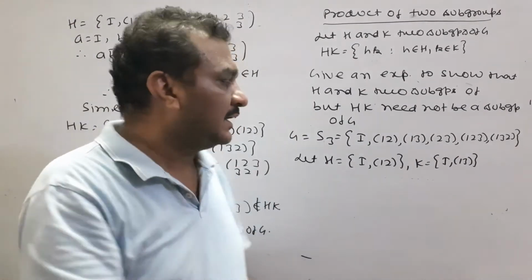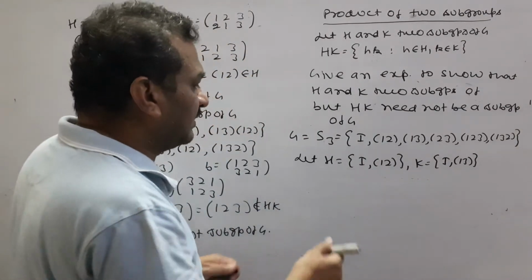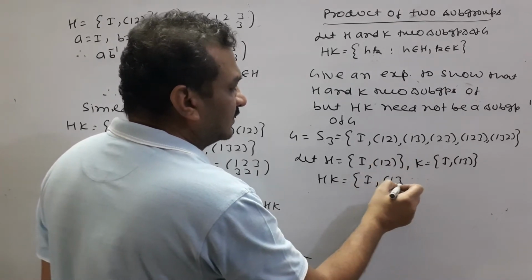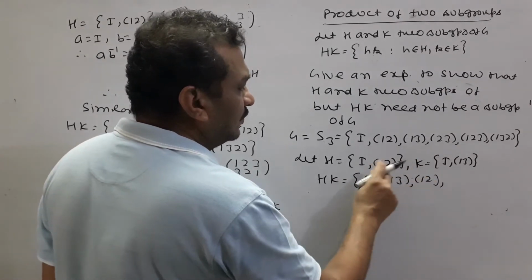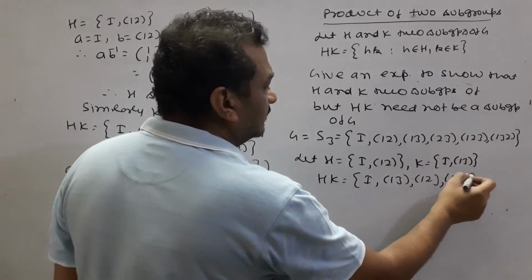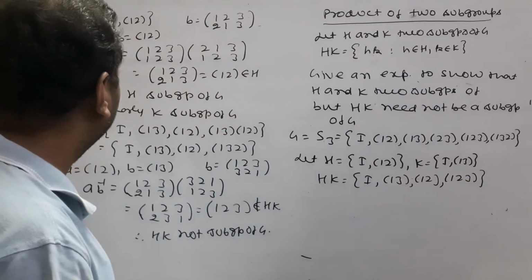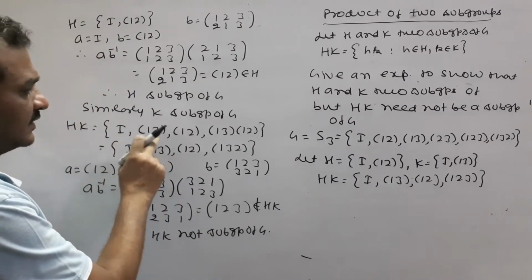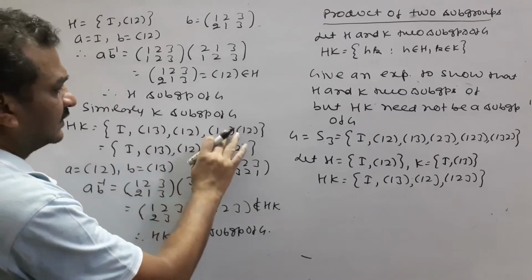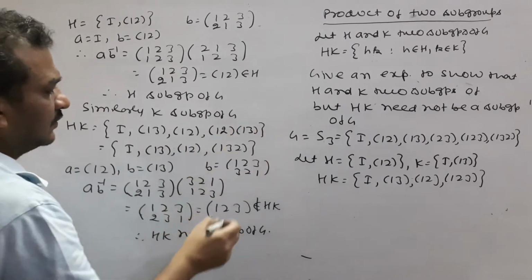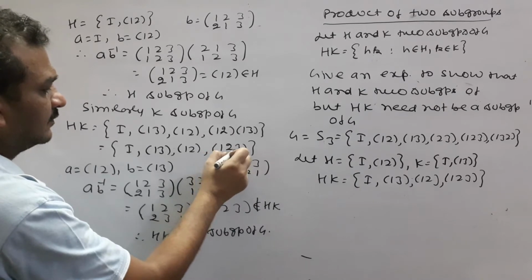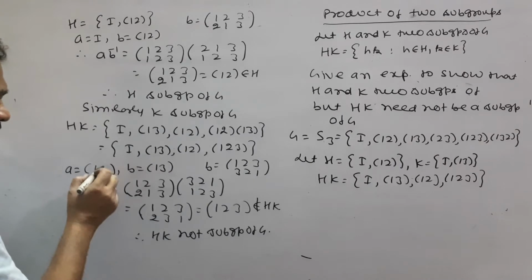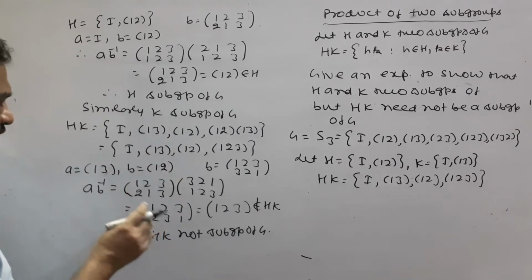It is possible if HK equals KH. Beta, we check HK: I, (1 3), (1 2), (1 2 3). Take a = (1 3), b = (1 2).